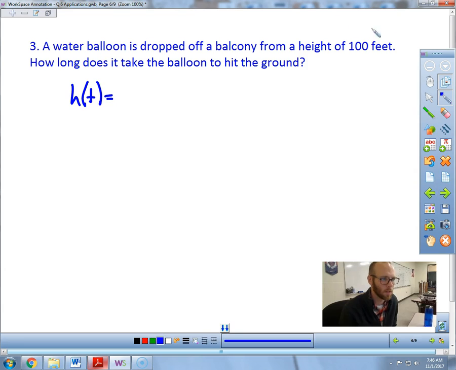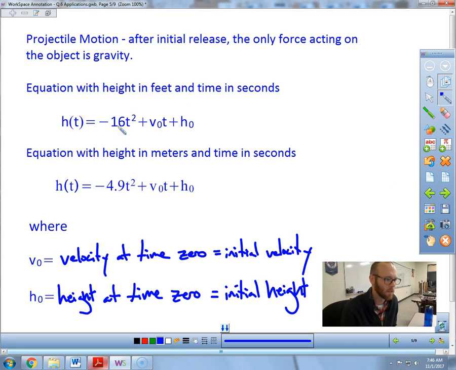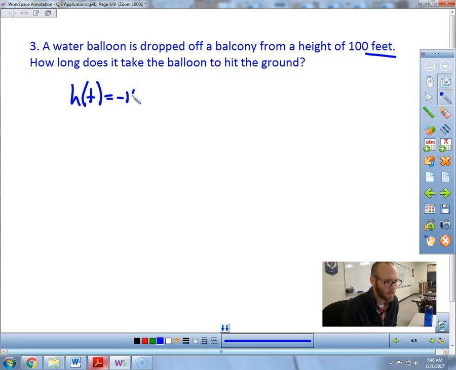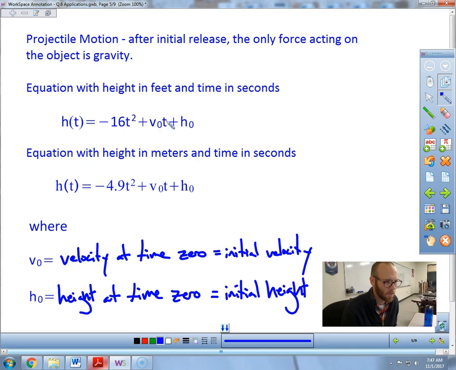Which one am I going to use? Well, let me look at my units. Feet. That tells me I'm going to be using this first one. -16t squared plus, how's it go? v sub 0 t, the initial velocity times t.